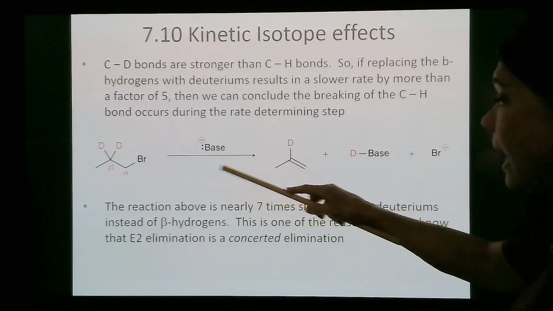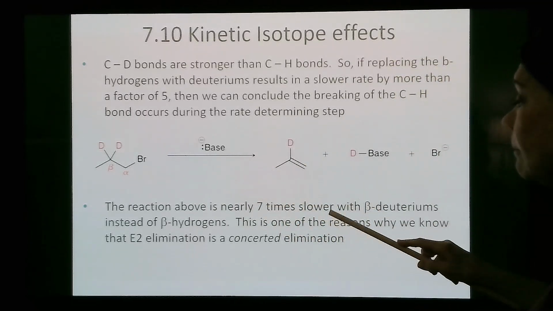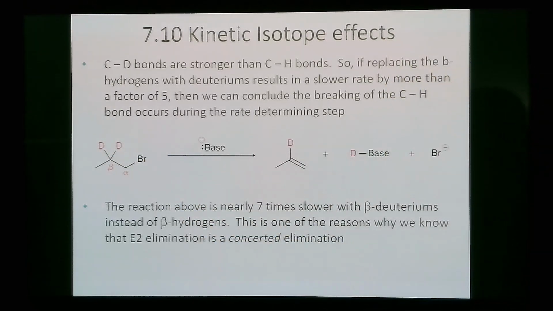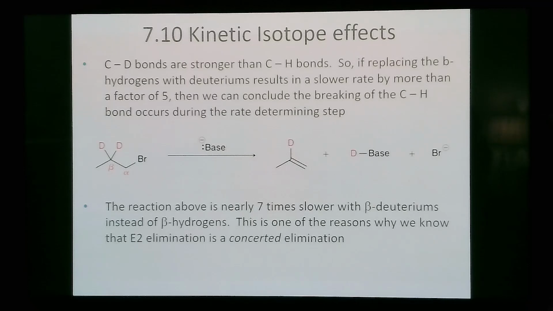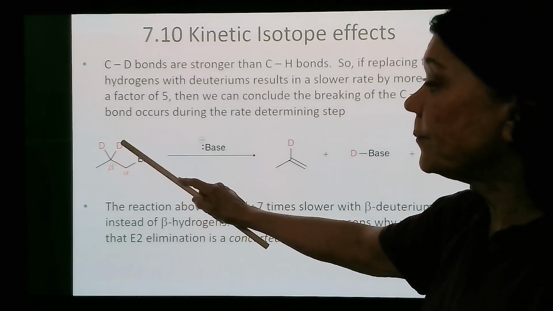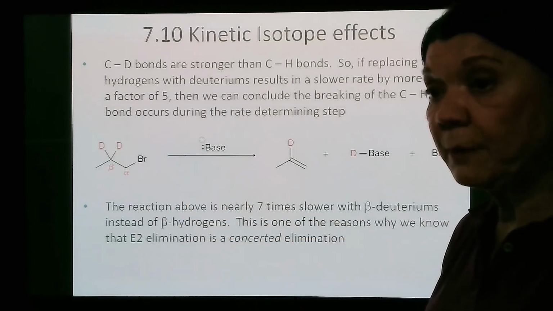So this reaction is about 7 times slower with these deuteriums. And 7 times slower, that's a significant rate retardation. And so the reason is because of the CD bond that has been replaced.